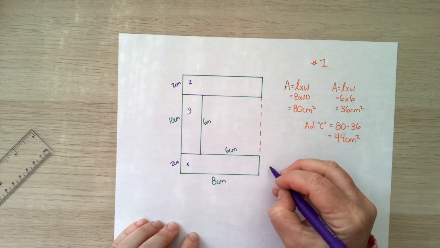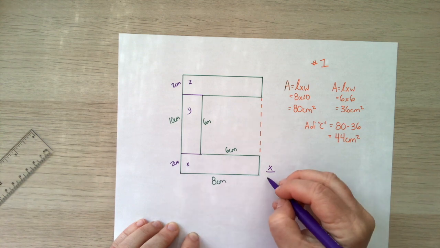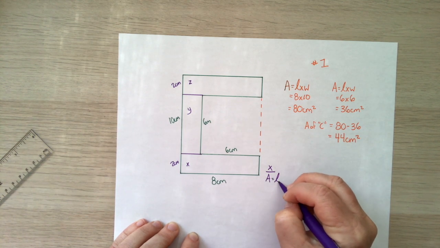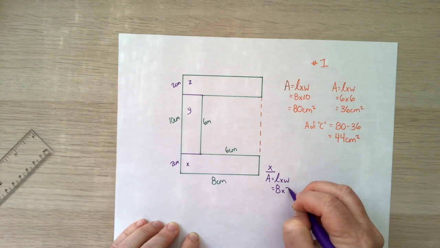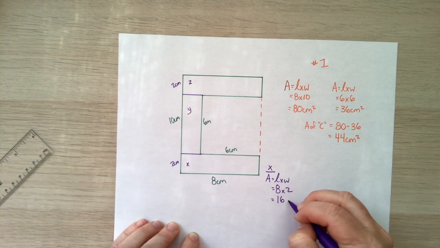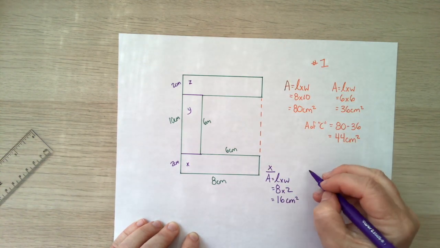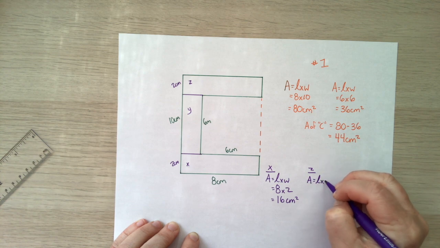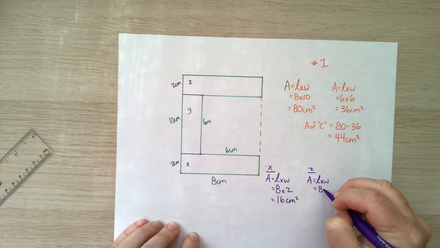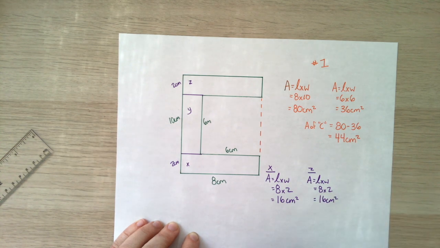Rectangle X here has the area equals length times width with 8 times 2, which equals 16 centimeters squared. It would be the exact same for Z because they're the exact same rectangle. Length times width equals 8 times 2 equals 16 centimeters squared.